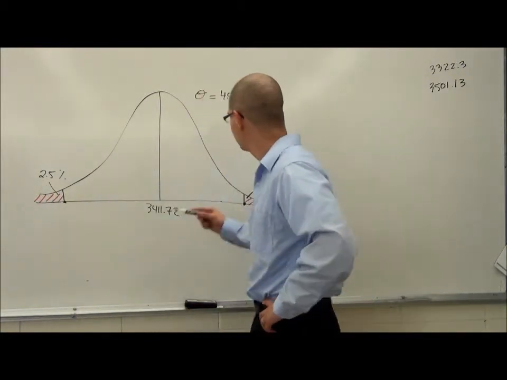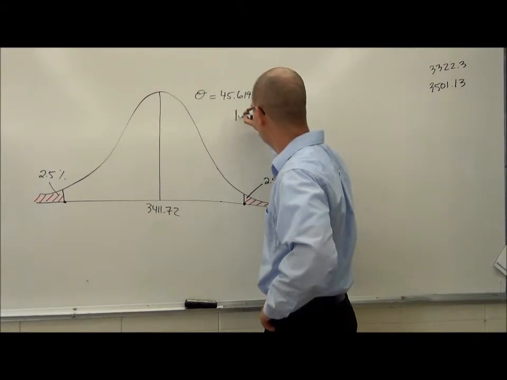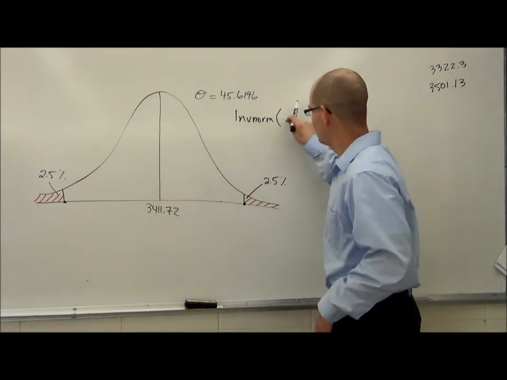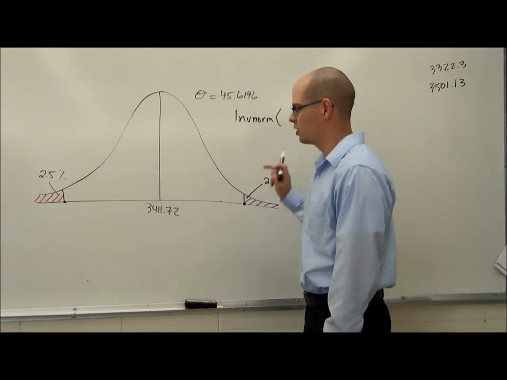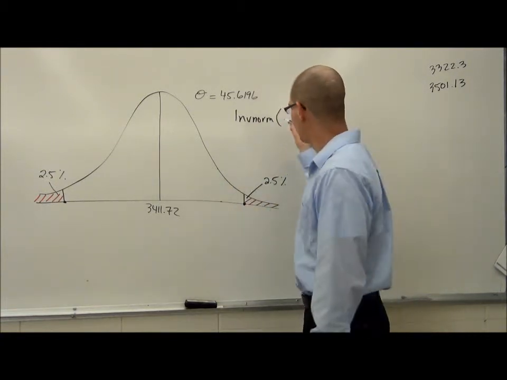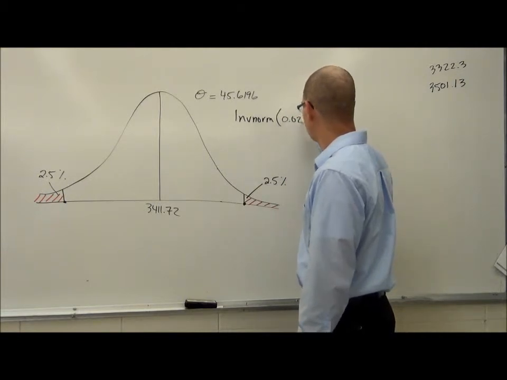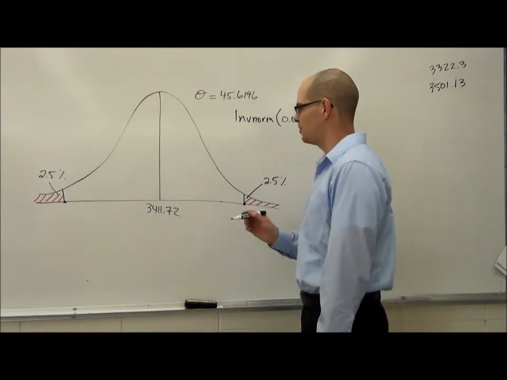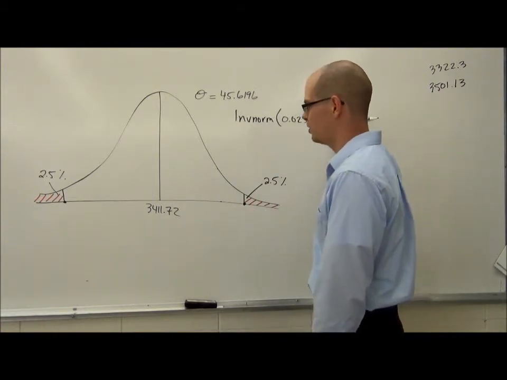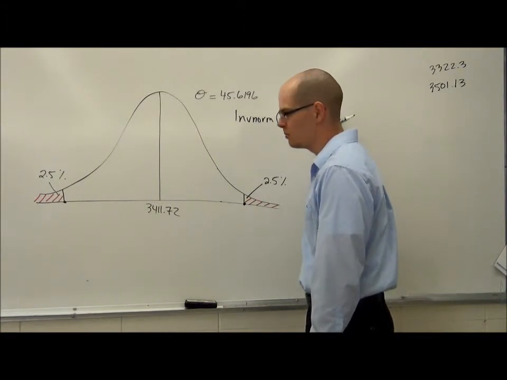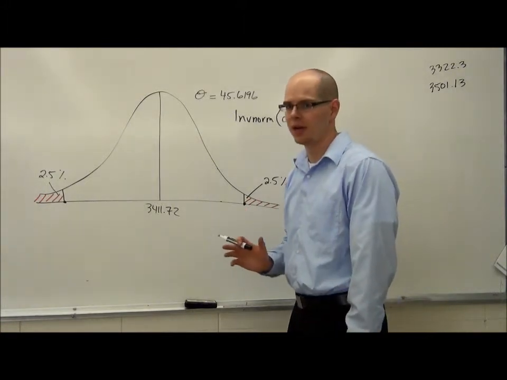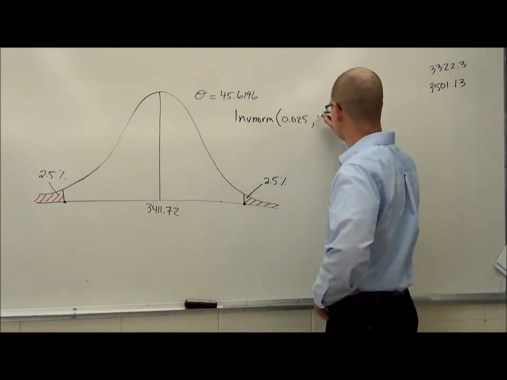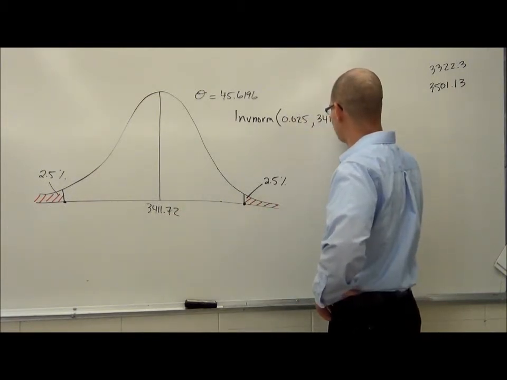So for this first point, I'm going to go invNorm on my calculator. The first data value you put in is the area under the curve, or the probability. 2.5% can be represented as 0.025. You can't leave it as a percent. Then you put a comma. After that, you want the mean and the standard deviation. If I don't include these next two numbers, it's going to spit out a z-score. But I don't want that. I want the actual data value. So I'm going to put in the mean next, which is 3,411.72.